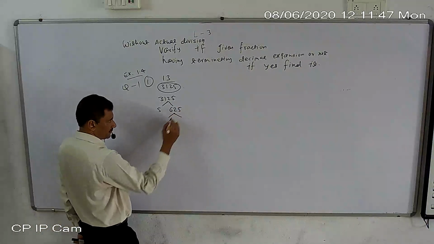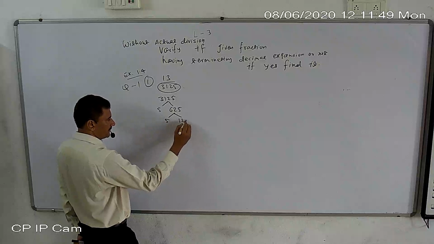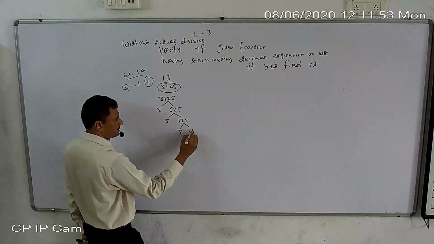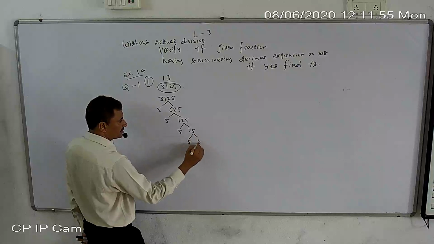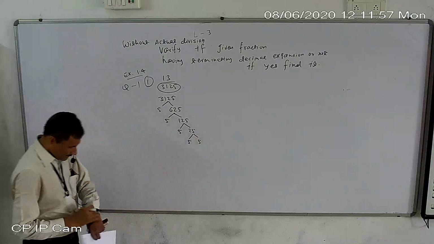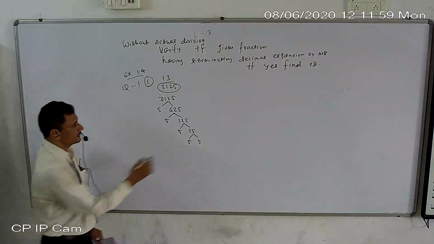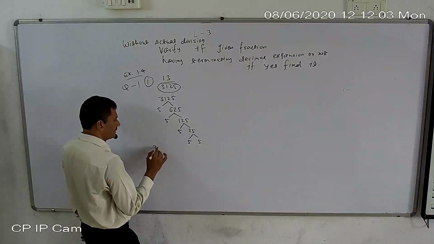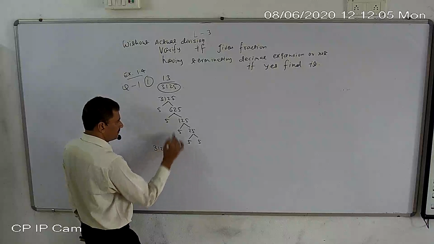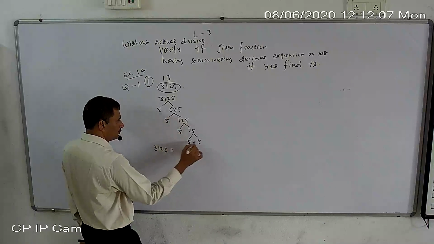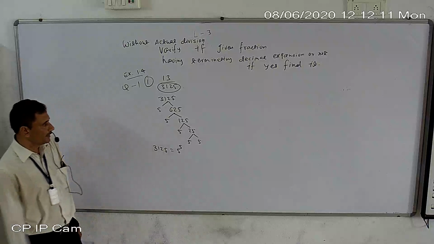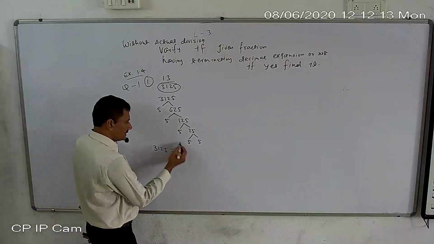Again it is divisible by 5. Again by 5. Again by 5. At last we got prime numbers. So now stop. So the prime factorization of 3125 becomes 5 times 5 times 5 times 5 times 5.